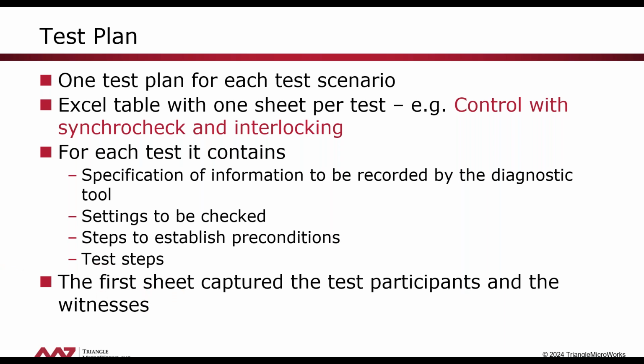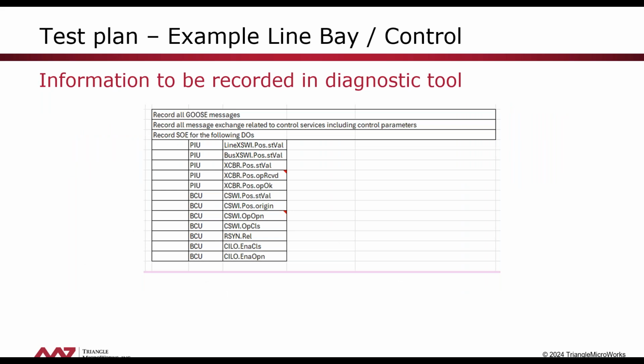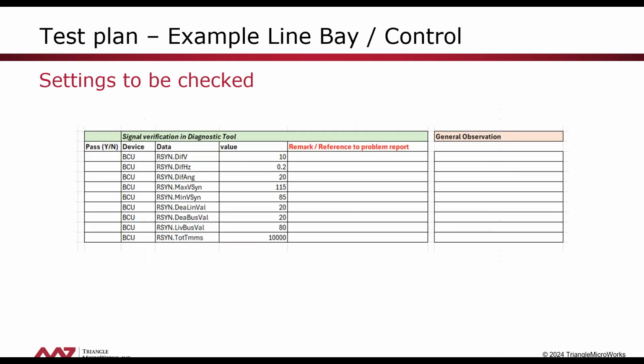In detail, that looked like this. So that is an extract from a test where we list all the information we want to record. We listed the data objects and data attributes that we wanted to have recorded in the diagnostic tool for later analysis. We then also started by checking the settings.